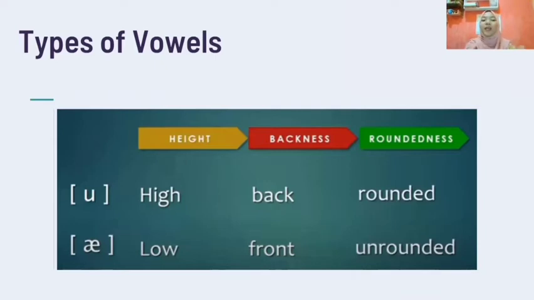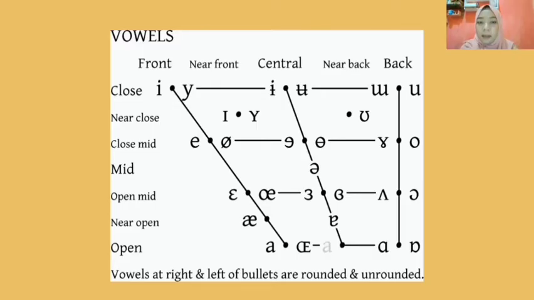So we can make a classification of vowels with height, backness, and roundedness. This is a table that can make it easier to consider which are the back vowels, which is the central vowel, which are unrounded or rounded, or which are high or low vowels. So you can remember this table.